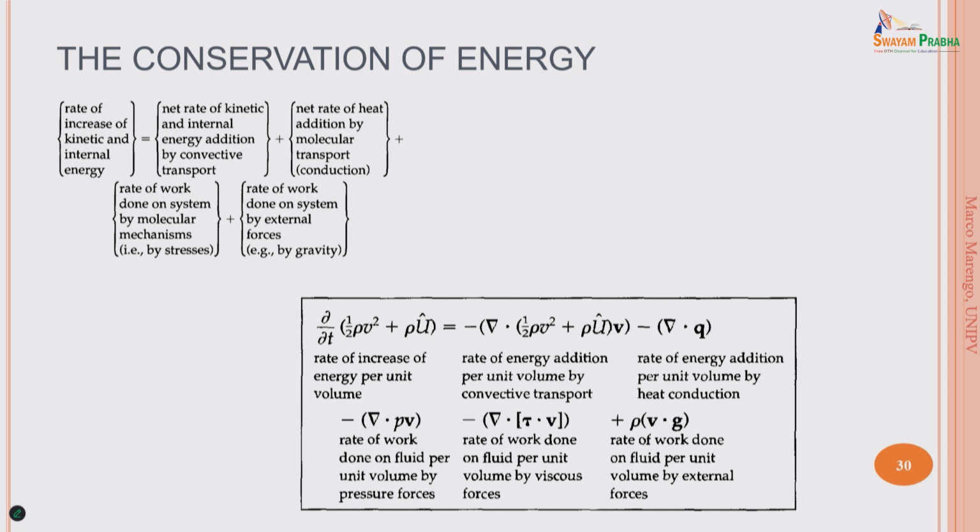And we have this expression that is saying the rate of increase of energy is becoming 1/2 rho v squared, this is the kinetic energy, plus rho u, the internal energy. And on the other side, we have this rate of energy addition. In fact, this term is multiplied by v, because it's going in one direction or the other with a given velocity. Then we have the rate of energy addition.